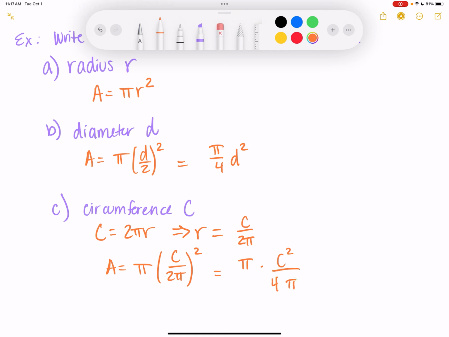The pi's will reduce, and so I end up with C squared over 4 pi. And that would be the area as a function of circumference. So a bunch of different ways to write the same area formula, depending on what we would be given and what we need.